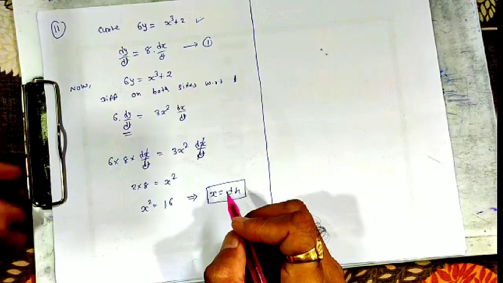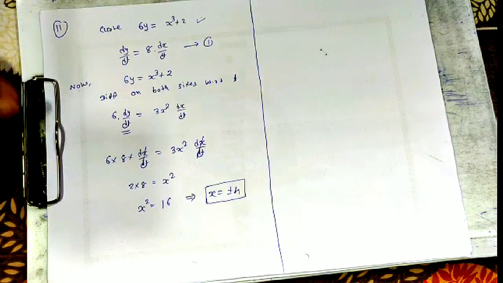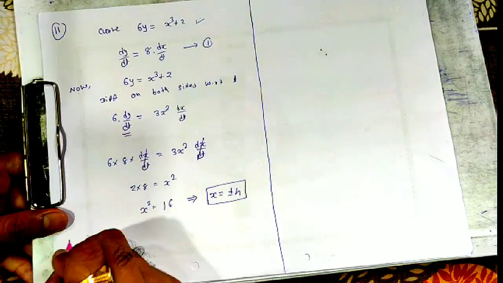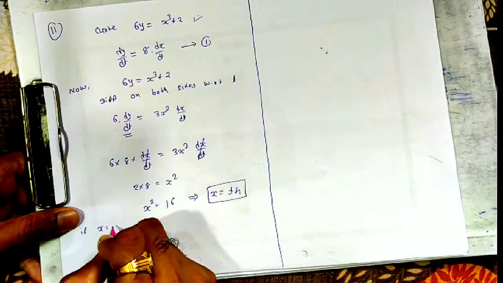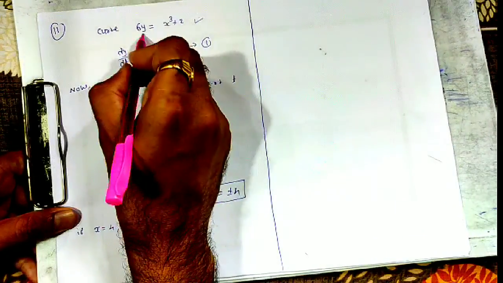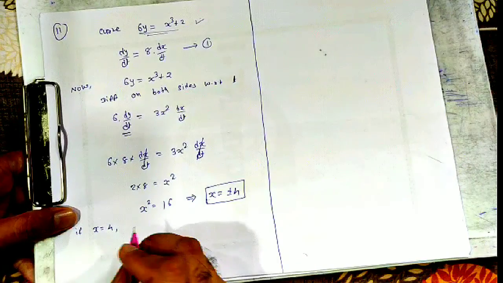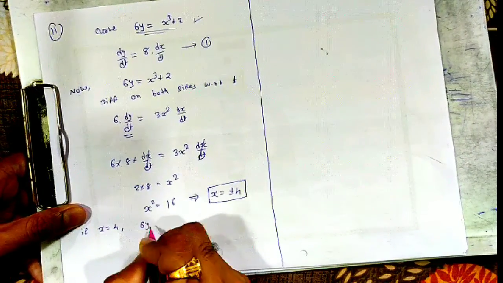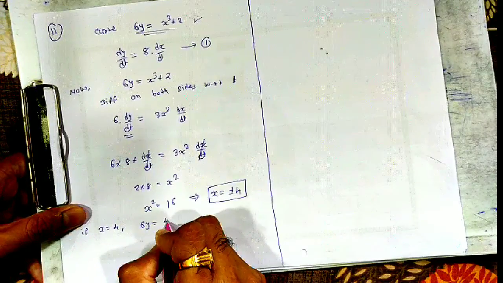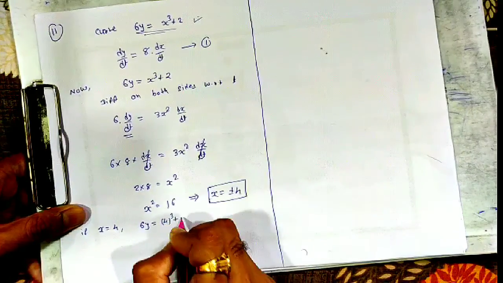This is our x coordinate. Accordingly we'll get the y coordinate. So if x equal to plus 4, by using this equation we'll get the y coordinate. Therefore 6y equal to 4 cube plus 2.